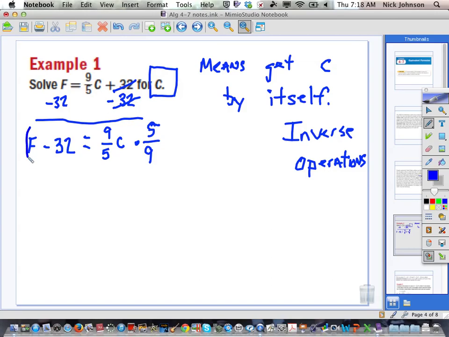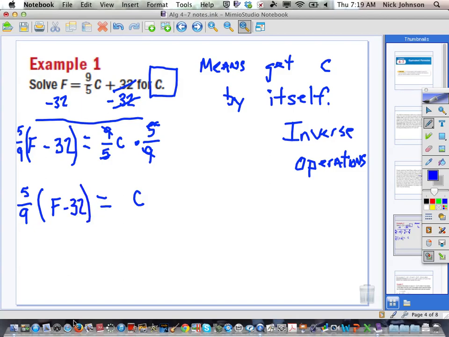Whatever I do to one side, I have to do to the other. So my 5s are gone, my 9s are gone. That leaves me with C equals 5/9 times the quantity F minus 32.